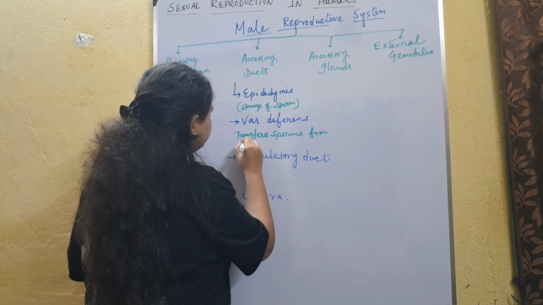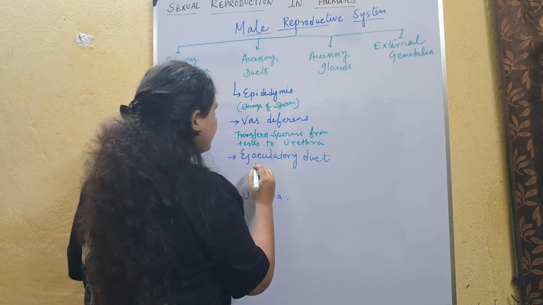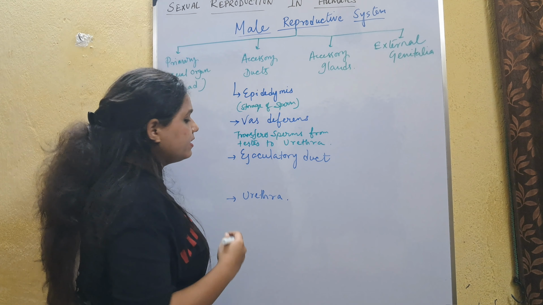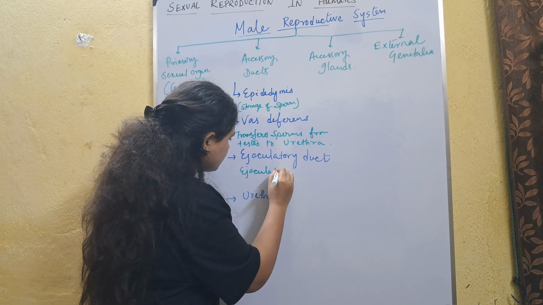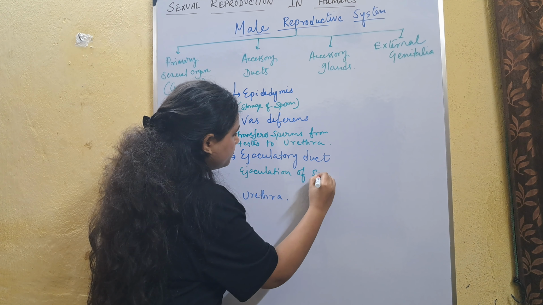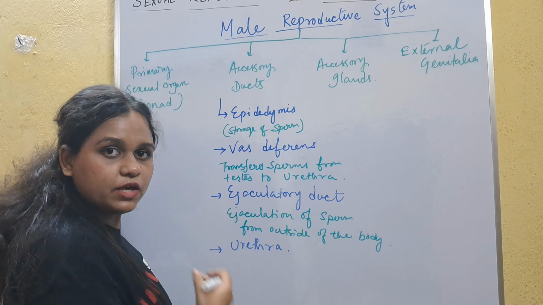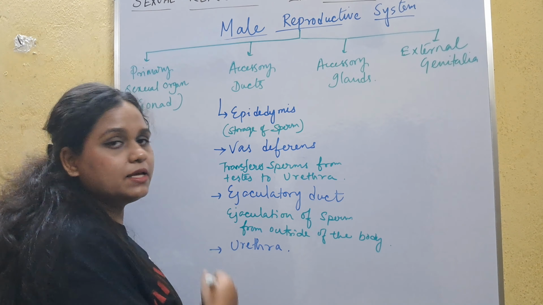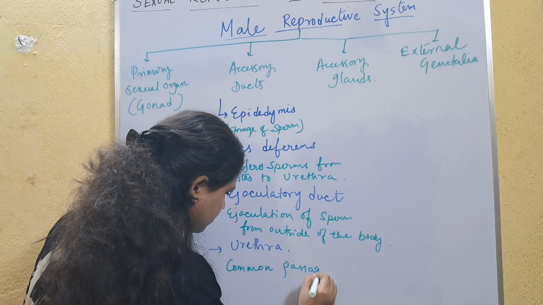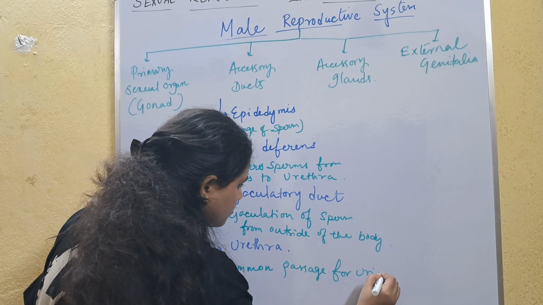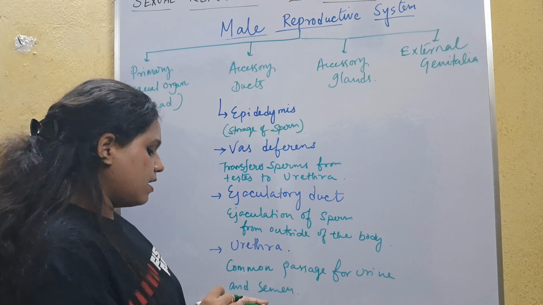The next one is the ejaculatory duct. It helps the ejaculation of sperm. Next is urethra. It is the common passage for urine and the semen. So this is the accessory ducts.